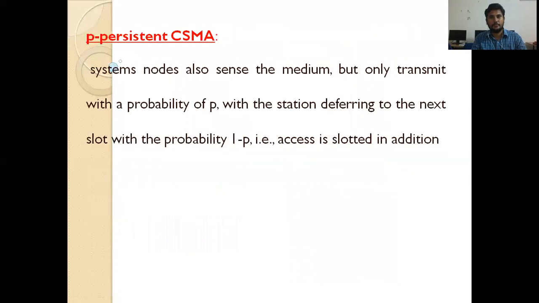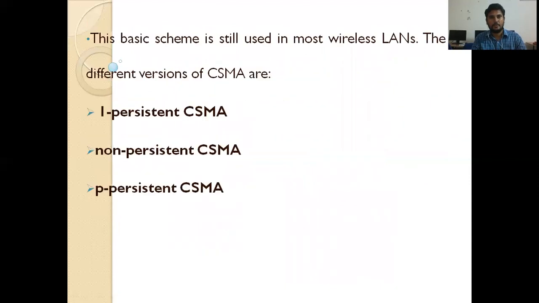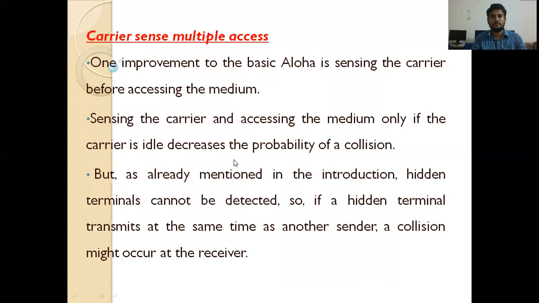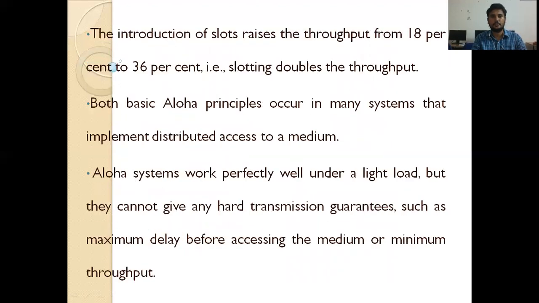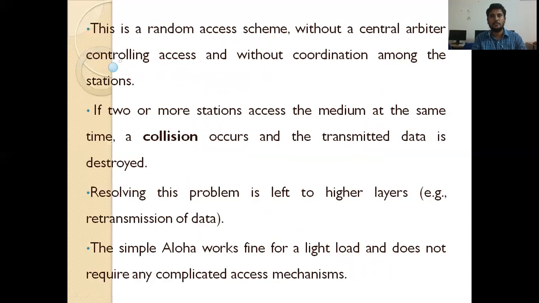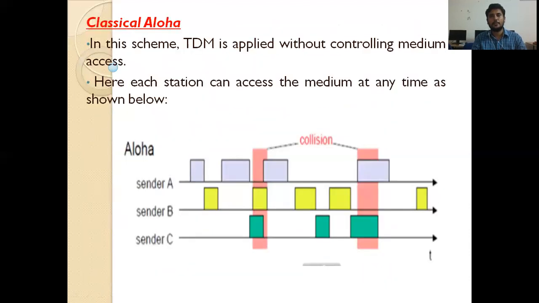These are the CSMA techniques: 1-persistent, non-persistent, and p-persistent CSMA, carrier sense multiple access, which are used to reduce the problems in the Aloha scheme. In classical Aloha, data packets are transmitted randomly without a time period, which causes collisions.